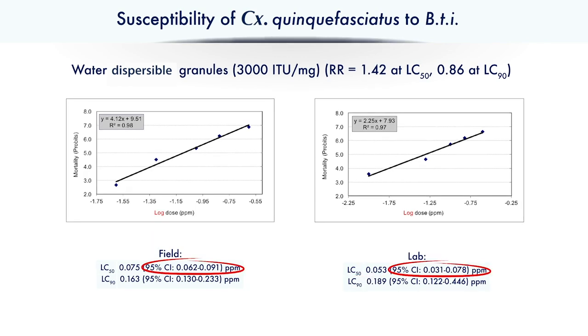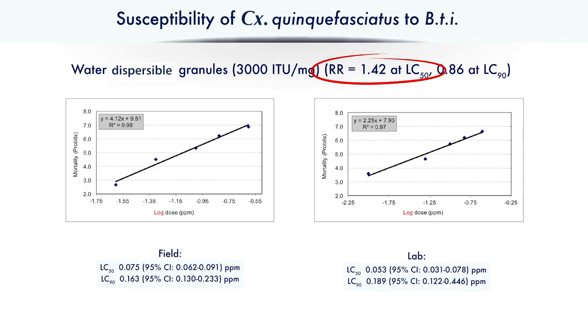If you compare the 95% confidence intervals for these two values, you can see that the 95% confidence intervals overlap, suggesting that the susceptibilities of the two populations to this control agent do not differ significantly. Notice also that the resistance ratio of the two LC50s is only slightly greater than 1.